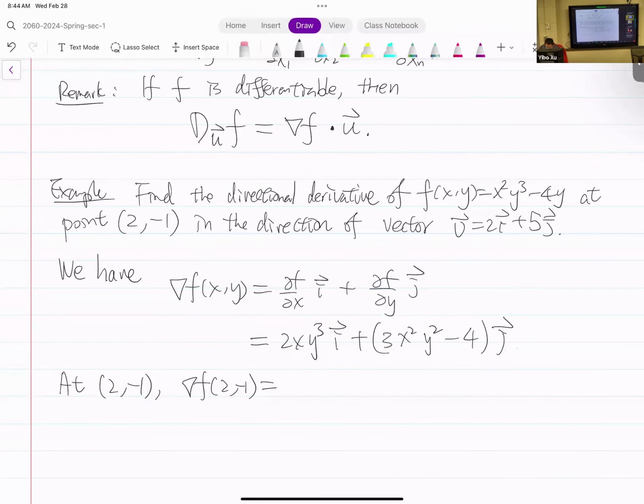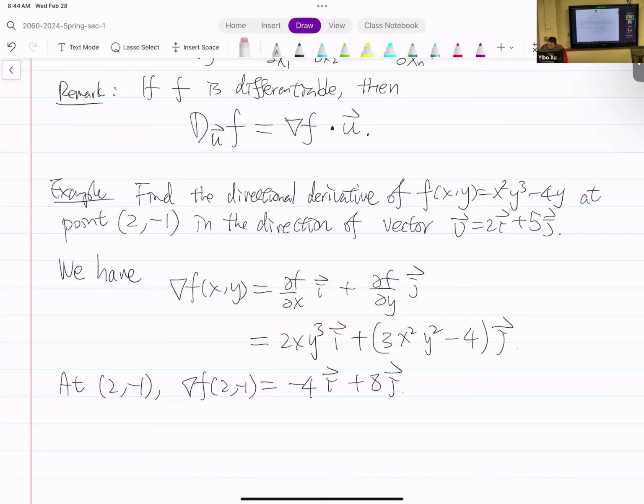You should get 4 times -2, which is -8 for the i component, and then we have 3 times 4 times 1, that's 12, minus 4, that's 8. So that's just the evaluation.